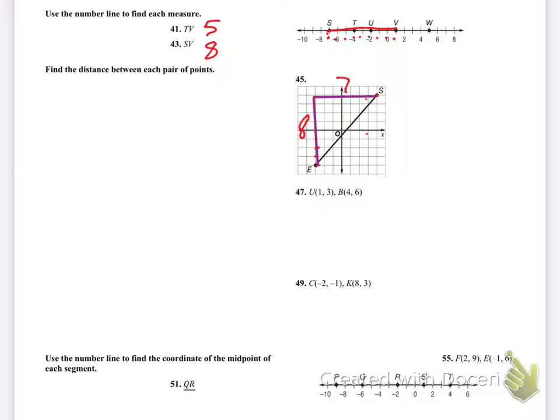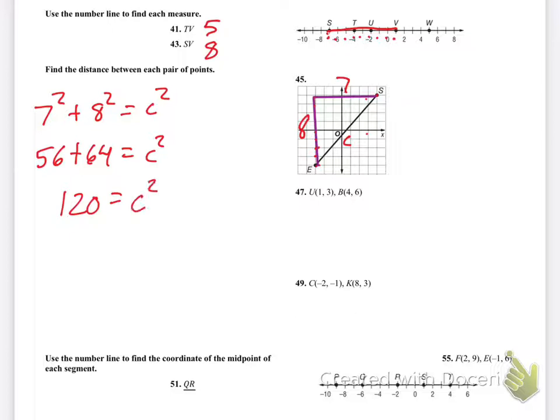So Pythagorean theorem says 7 squared plus 8 squared is going to be equal to C squared, and we know that C is right here. So 56 plus 64 equals C squared. 56 plus 64 is 120.